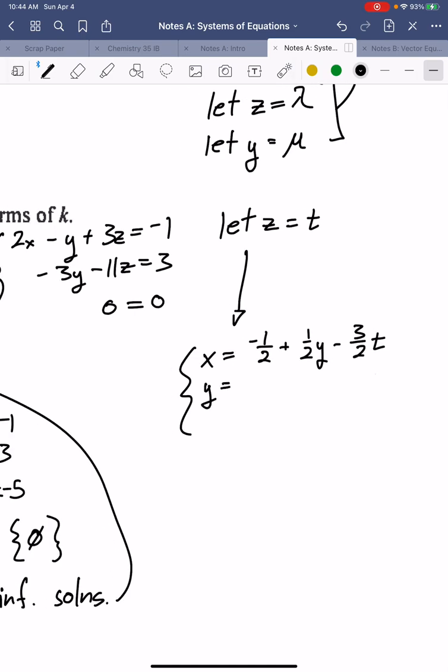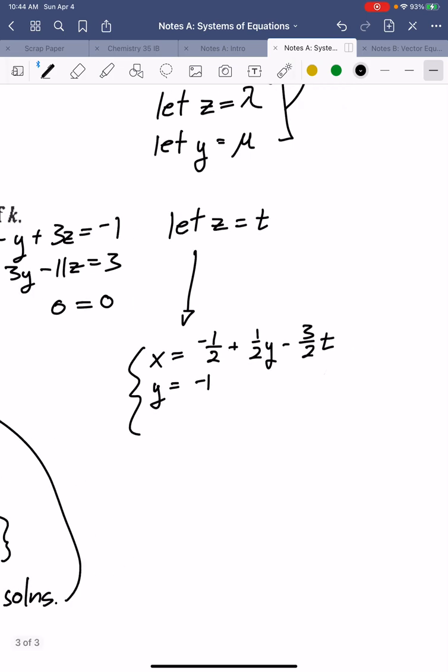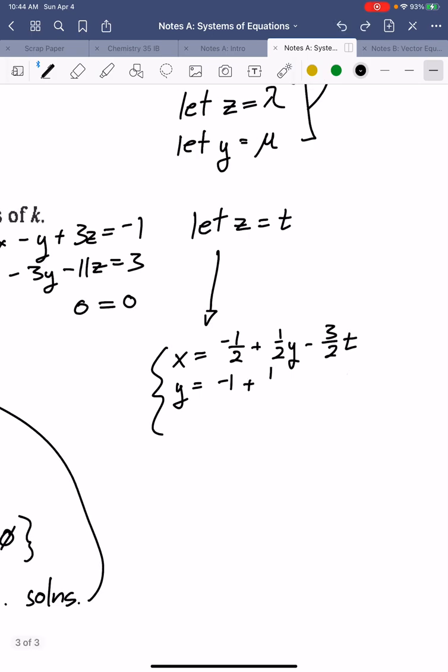Then y equals negative 1, actually, it should be minus 11 over 3t. Then z equals t. That's our answer.